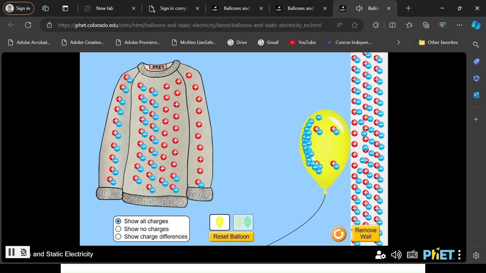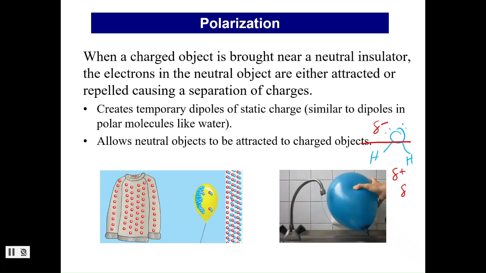If I do that same type of analysis as with the water and draw a line through the middle of my screenshot, I can see that over here there are a lot more negative charges. So that side of the wall is partially negative, and this side of the wall is partially positive.